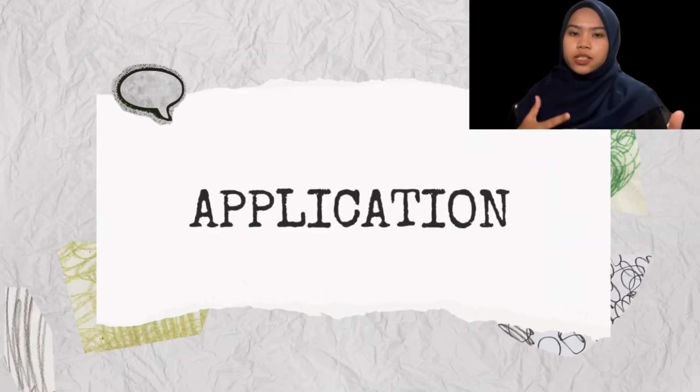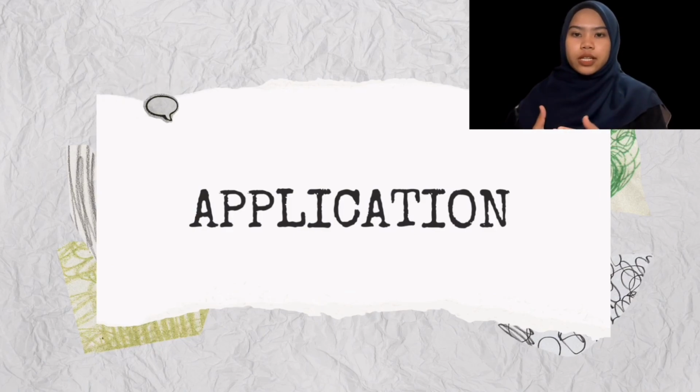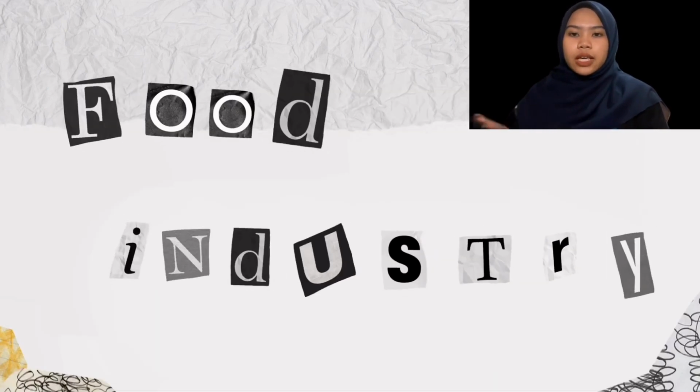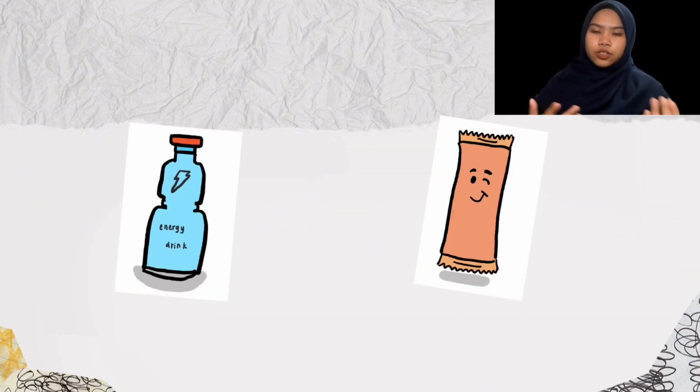So for the application of maltodextrin in the food industry, it is used as a thickener, filler, and stabilizer in soups, sauces, and dressings. It also acts as an energy source in sports drinks and energy bars. It prevents clumping in powdered products like instant coffee or creamer.